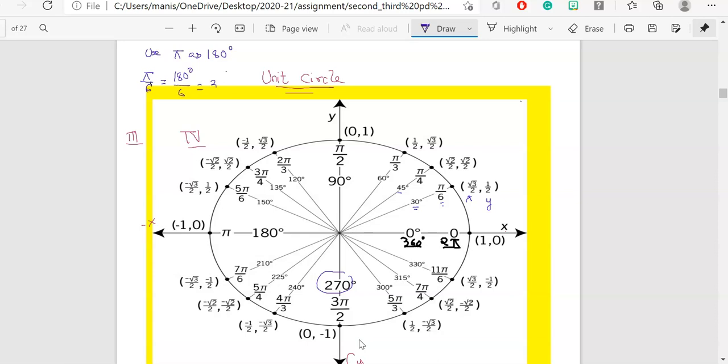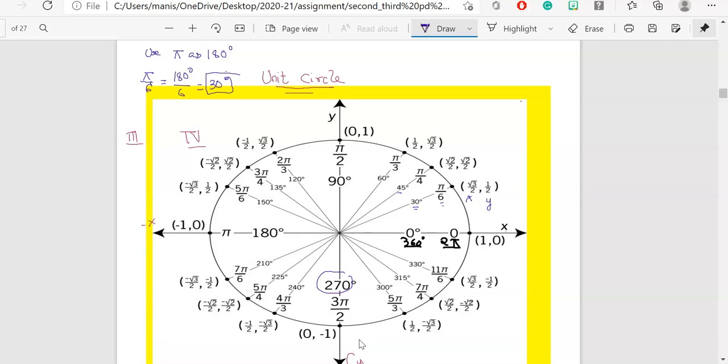When I divide this, I end up with 30 degrees. So this is my 30. Similarly, you can use pi over here. This is 180 divided by 4. So 180 degrees divided by 4 gives you 45 degrees. This is how I got all of these values over here. So this is in radians and this is in degrees.